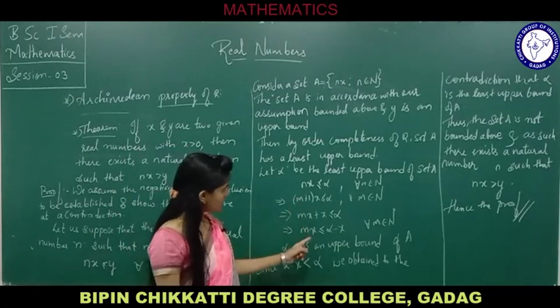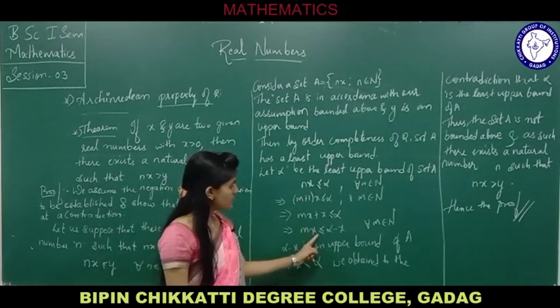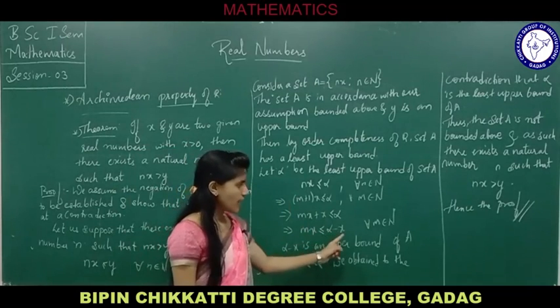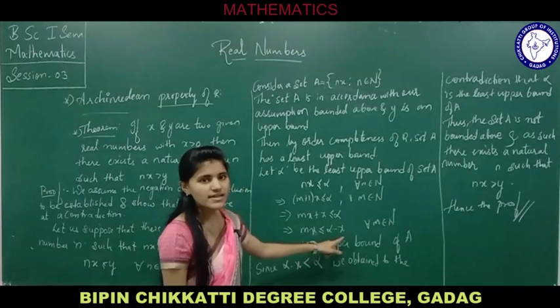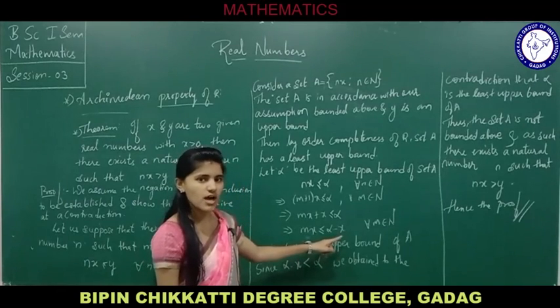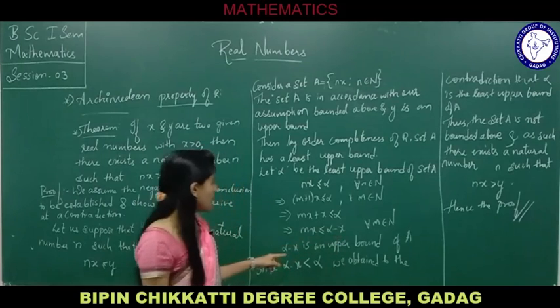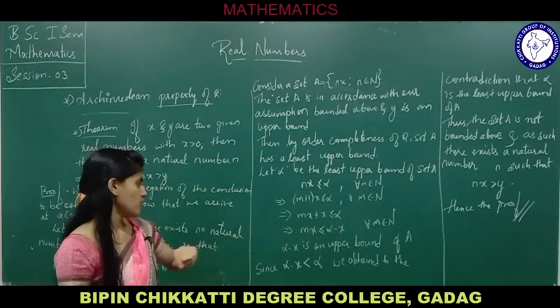On simplification, I got m into x is less than or equal to alpha minus x. If so, alpha minus x should be an upper bound of A, right?